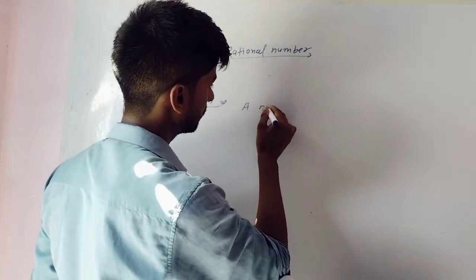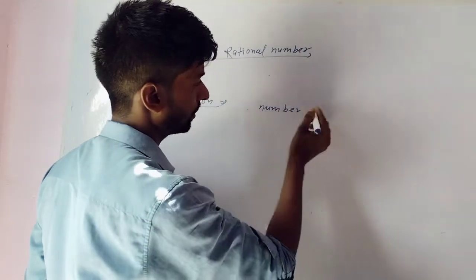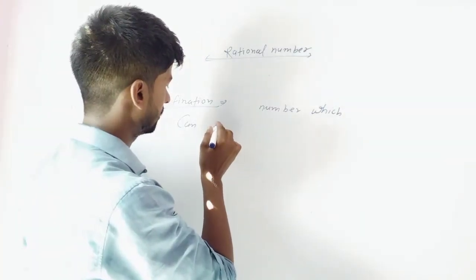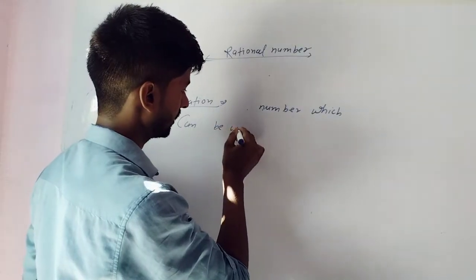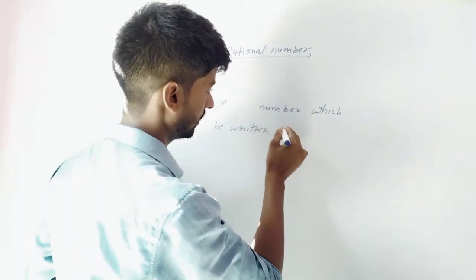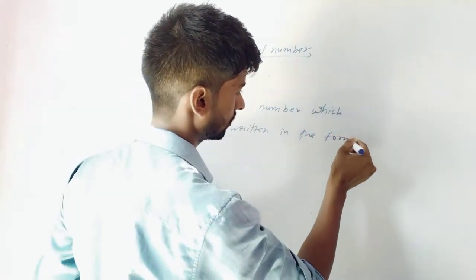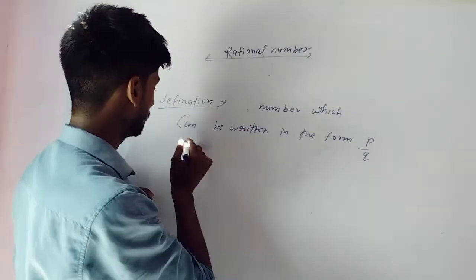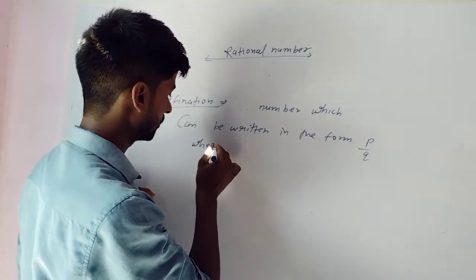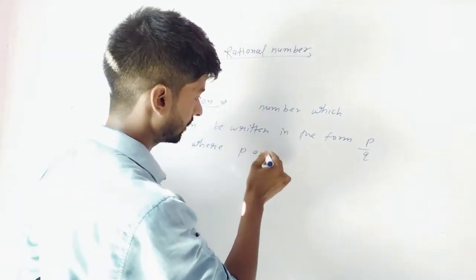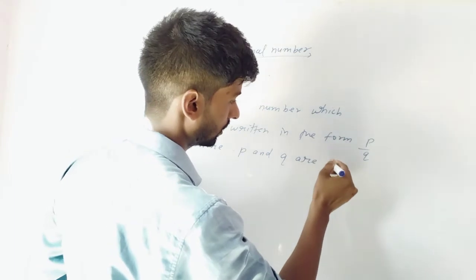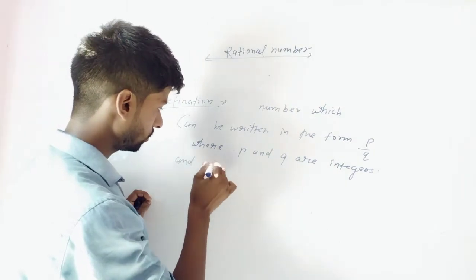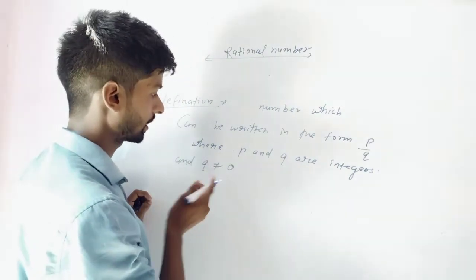A number which can be written in the form of p by q, where p and q are integers and q does not equal 0.